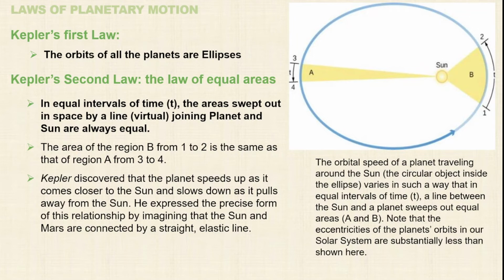And so in 5 minutes, it travels a longer distance, because this perimeter from 1 to 2, this distance is longer than this. It's the same 5 minutes time. So to cover a longer distance, the object must speed up. And so again, that's the second law, the law of equal areas swept in equal time.